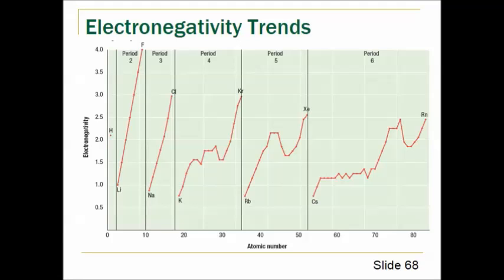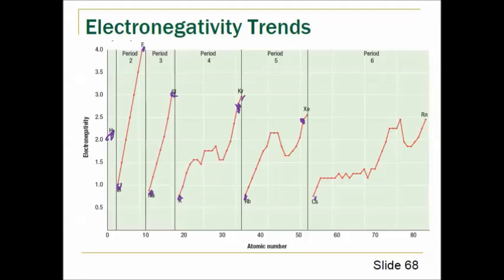Okay, so within a group, if you said here's hydrogen, lithium, sodium, potassium, it looks like within a group electronegativities are getting smaller. Fluorine, chlorine, and then going across, I guess that's krypton, so this would be bromine here. Okay, so those are the halogens. So again, as you go down a family, the electronegativities are getting smaller.